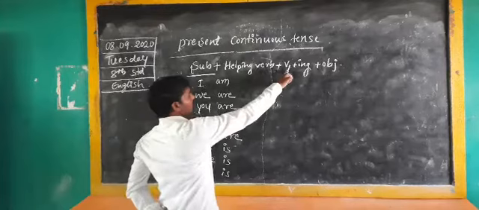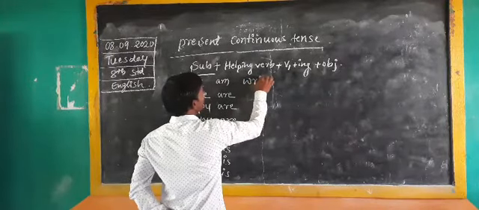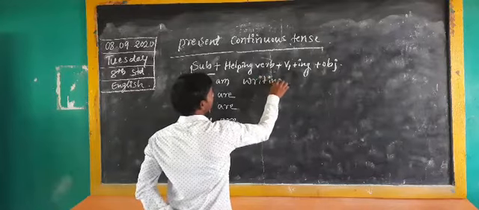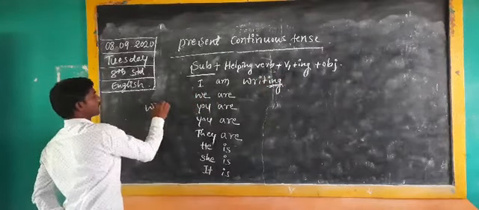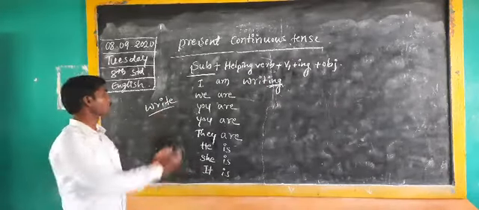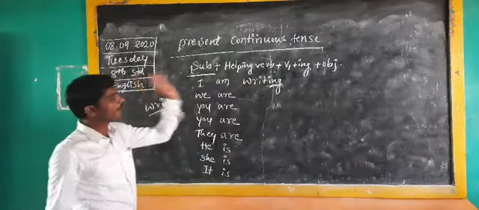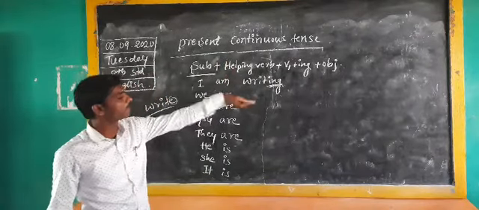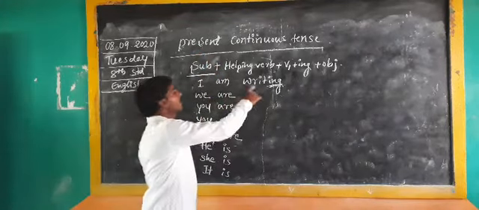Now, V1, which is the V1 here? Take write, writing. Here the main verb is write, but we do not write the e. When we write the main verb in present continuous tense, we don't write e.